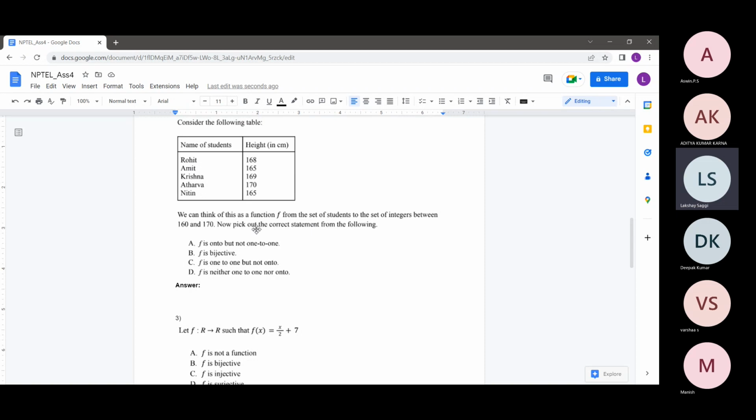So it can be thought of as a function from the set of students to the set of integers between 160 and 170.